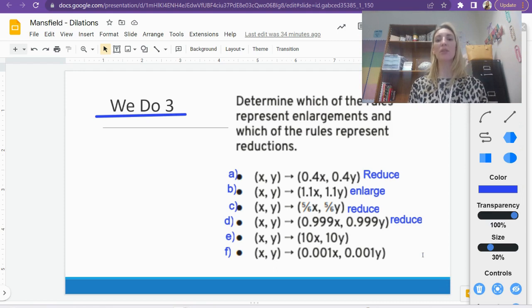If I told you I'm going to give you a grade, do you prefer a 10? Do you prefer a 1? Right? So 10 is bigger. 10 is more than 1. If 10 is more than 1, this is an enlargement. This is growing, right? So enlarge. This is getting bigger. And the last one here, 0.001. 0 point whatever, right? Every time it's 0 point something, that's less than 1. So this is a reduction. So you can write reduce.